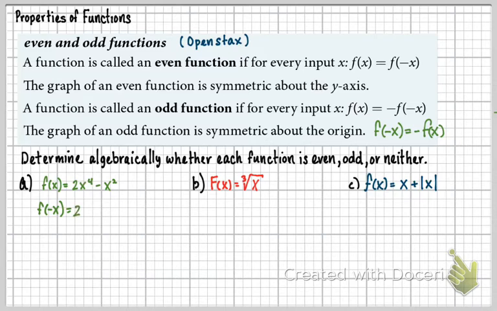That's going to be 2 times negative x to the 4th, minus negative x squared. Now think about negative x to the 4th power. That's an even power, so I get a negative times a negative times a negative times a negative, which results in a positive. So I get x to the 4th.